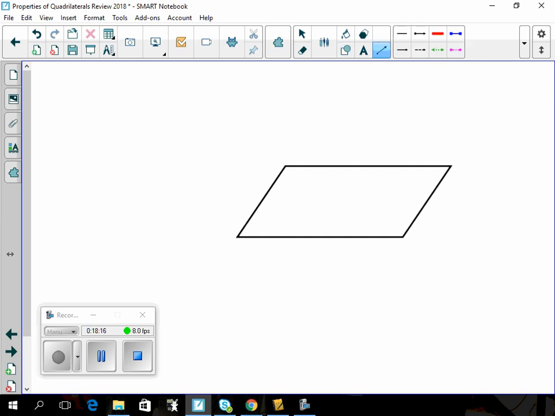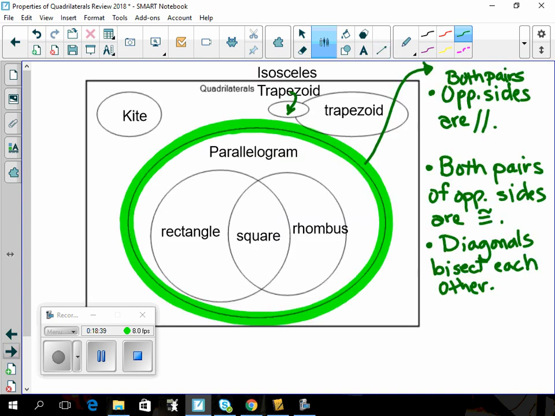When I look at the diagonals of this parallelogram, when I say they bisect each other, what I mean is this. This one's cut in half, and this one's cut in half. They bisect each other. That's what that means. That's true for any parallelogram. They're cut in half. The diagonals bisect each other.